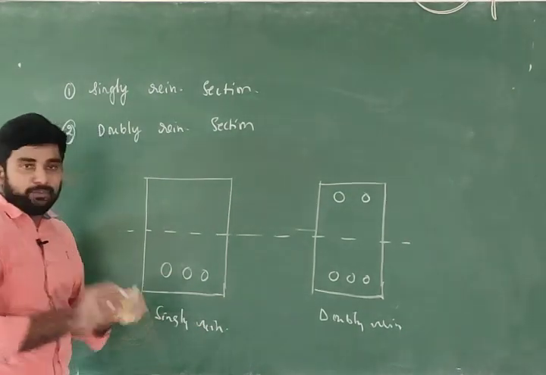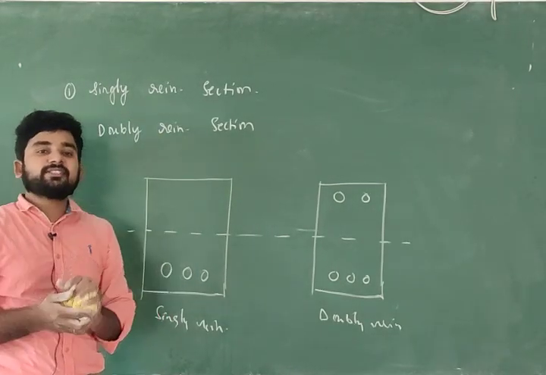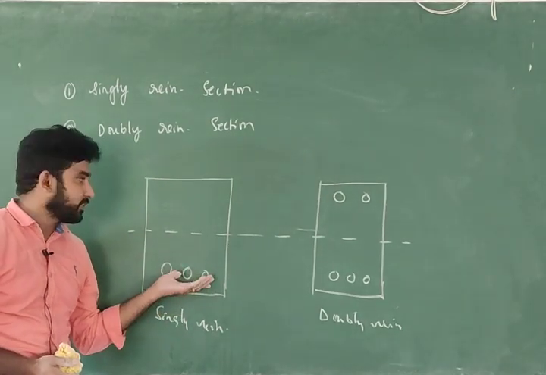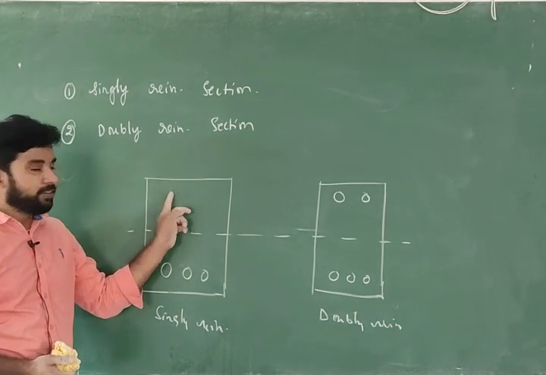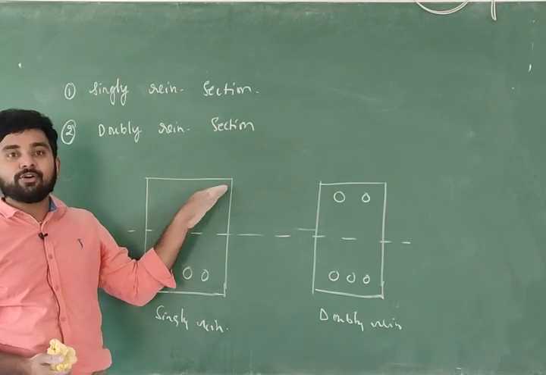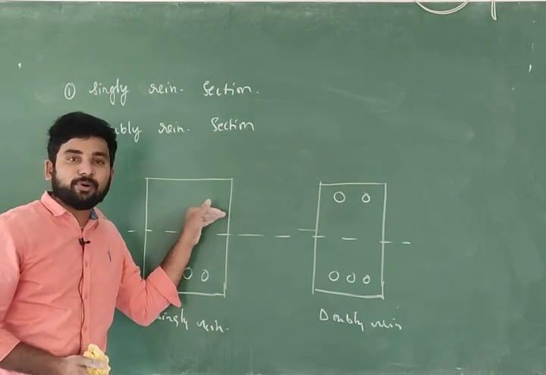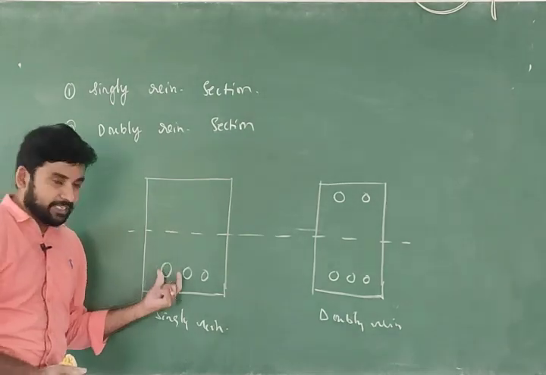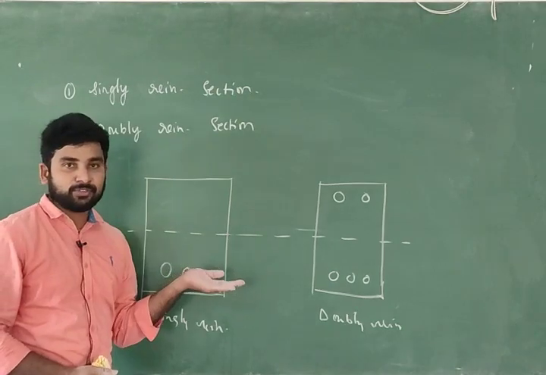Because if you want to provide stirrups, how to tie the stirrups is not possible, because you have reinforcement in the tension zone, but your stirrup will be like this. Then where is the bond? So there is no bond. Without bond, there is no strength. So practically singly reinforced sections are not that useful.